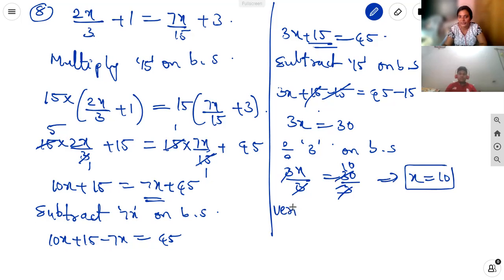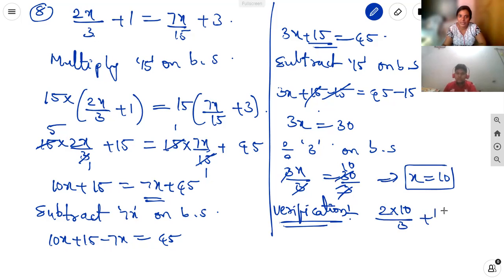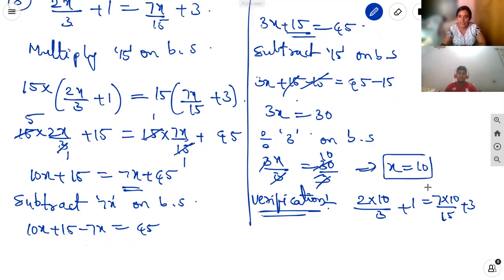Again, taking the verification. The verification means in the place of x we write 10. 2 into 10 by 3 plus 1 equals 7 into 10 by 15 plus 3. 2 tens are 20 upon 3 plus 1 equals 70 upon 15 plus 3.